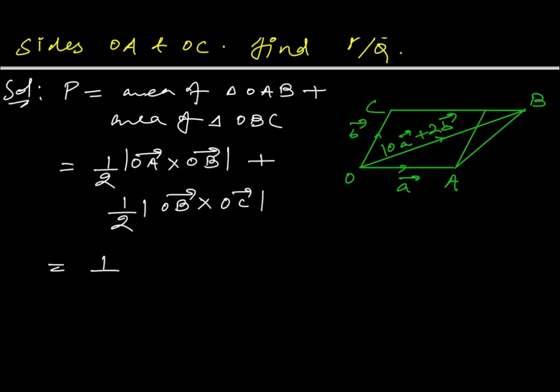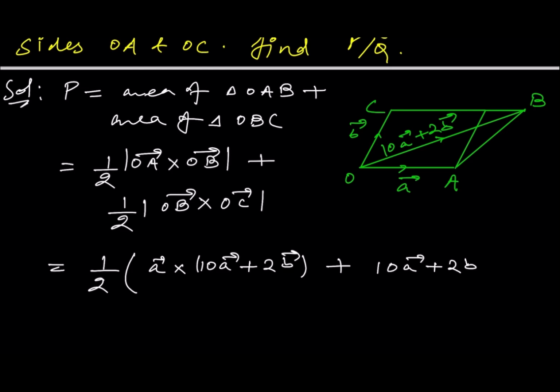So half is common. OA cross OB is A cross (tan A plus 2B), right? Plus OB cross OC, (tan A plus 2B) cross B. Okay.